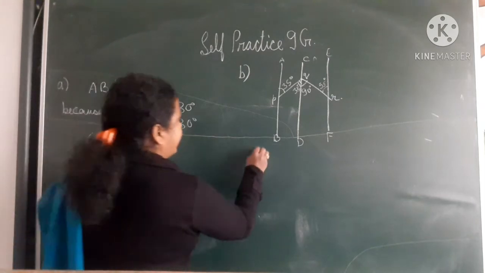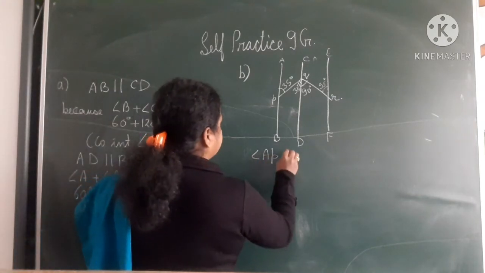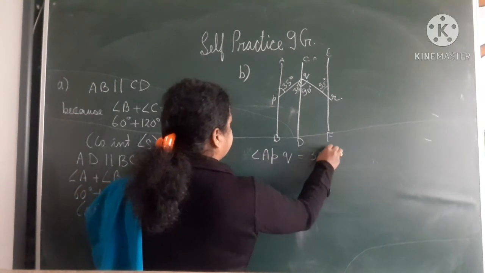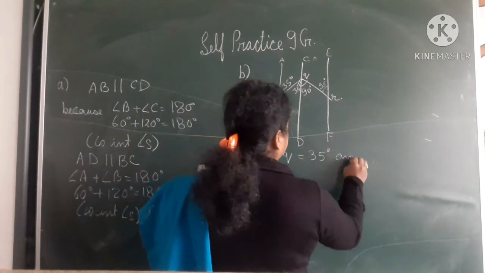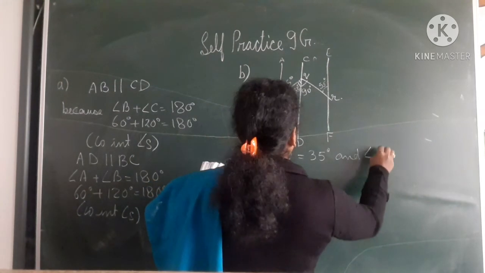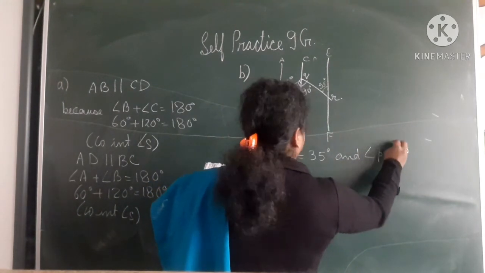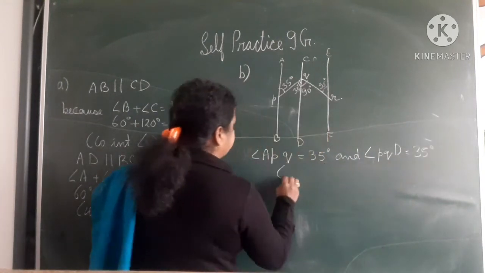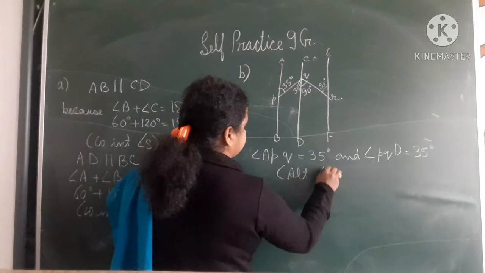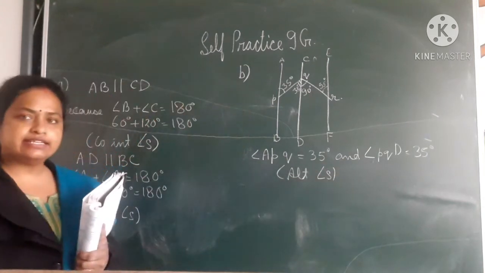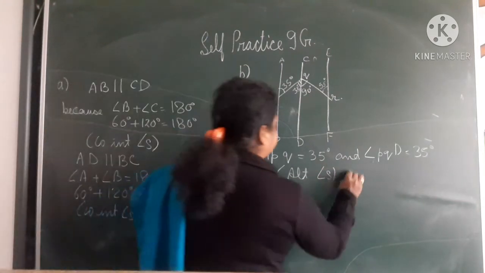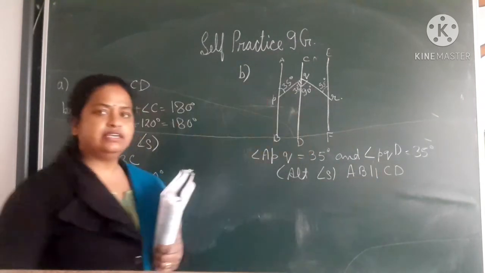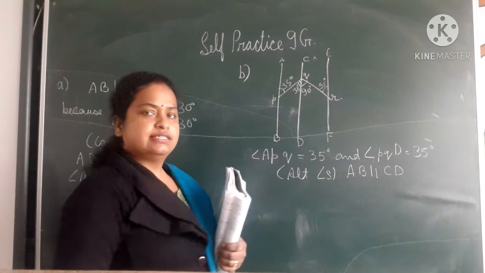So you can see angle APQ is equal to 35 degree, and angle PQD is also equal to 35 degree. So it is alternate angles. If they are alternate angles, means AB is parallel to CD.